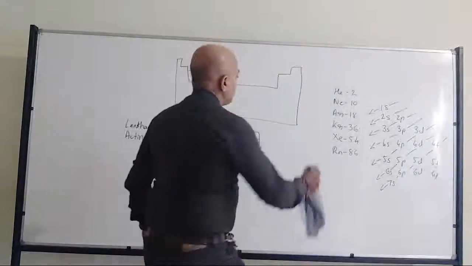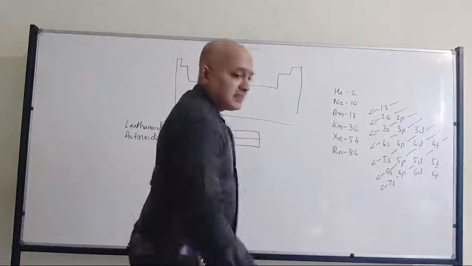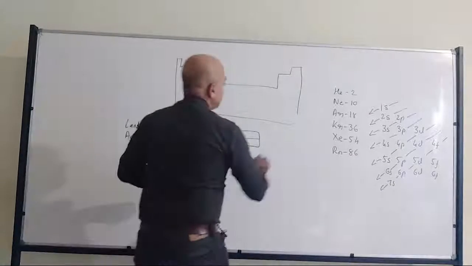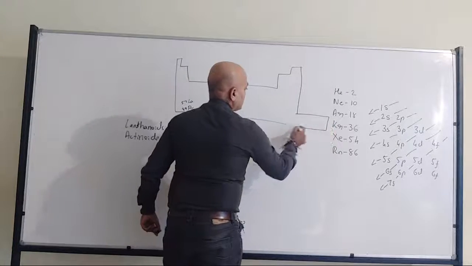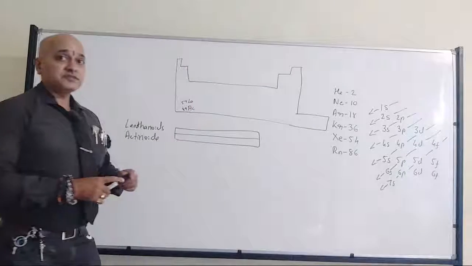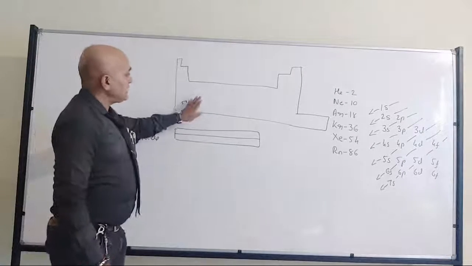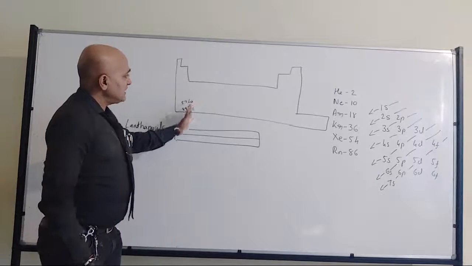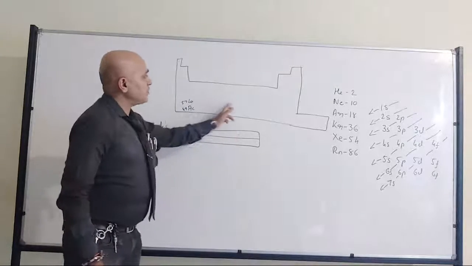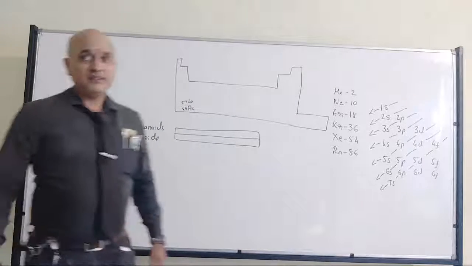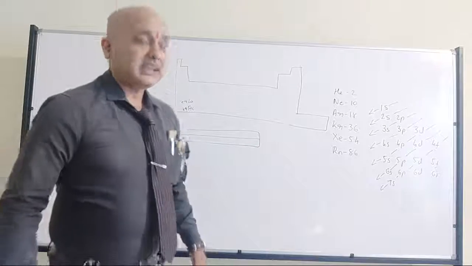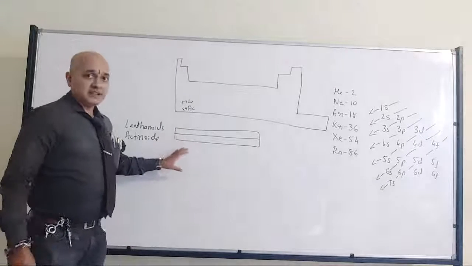The periodic table in the end would have been extended like this. That's why they have included them here only. Along with group 3, they have extended here. Once again 4, 5, they have started here. Fine. So that's where I can tell the f block elements.